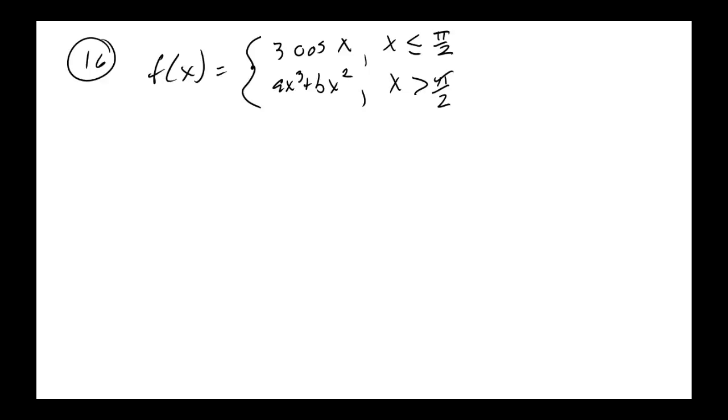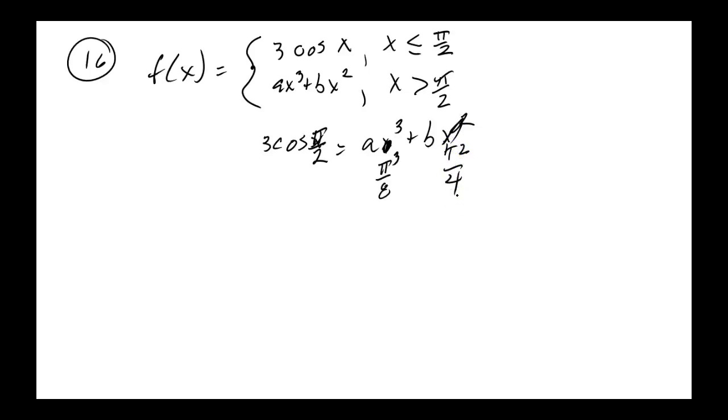So number 1, 3 cosine of pi halves has to be equal to ax cubed plus bx squared. A times pi cubed over 8 plus b times pi squared over 4.